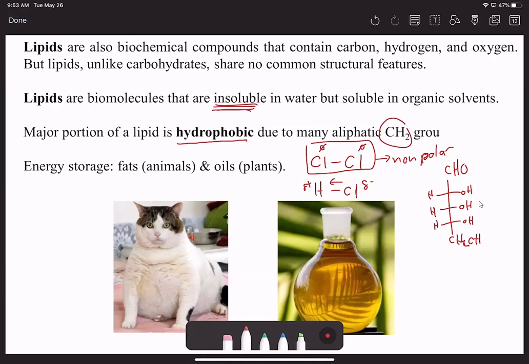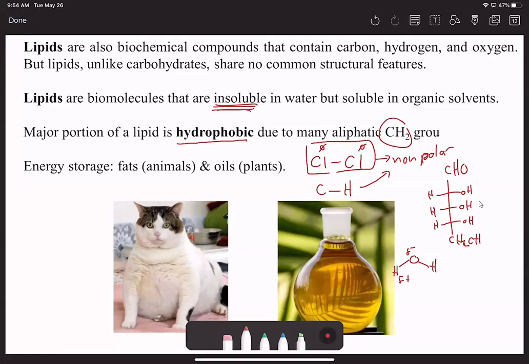covalent bond. Non-polar. And the other non-polar bond is this: carbon and hydrogen are also non-polar. And because it's non-polar, water, with its partially positive, partially negative ends, has no attraction to anything that's nonpolar.